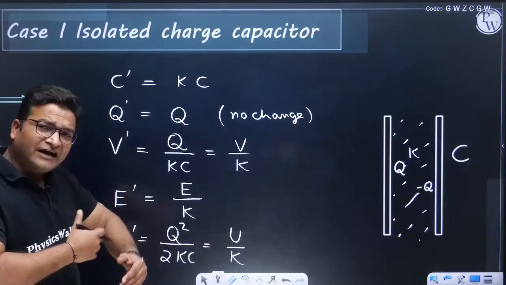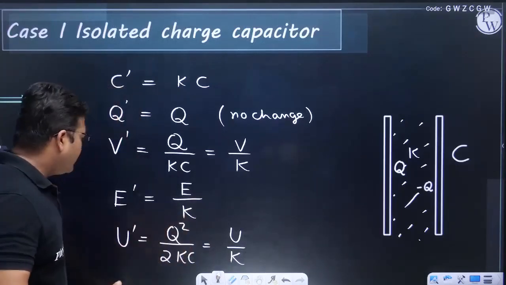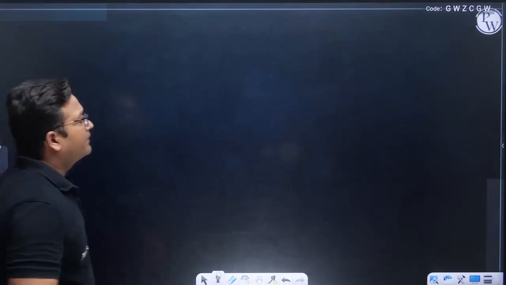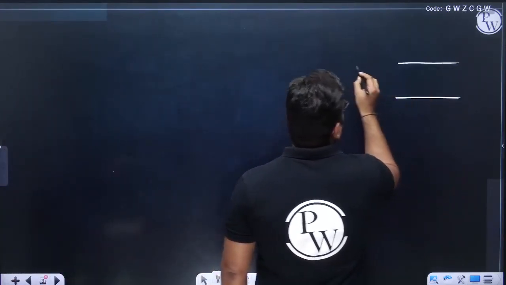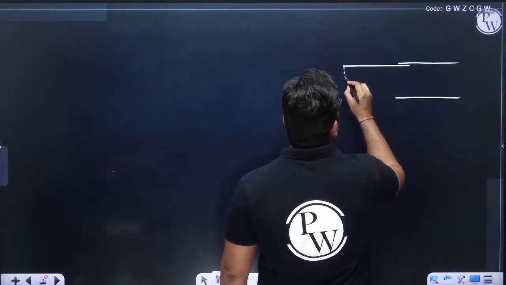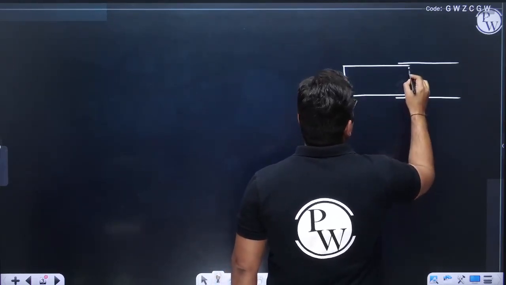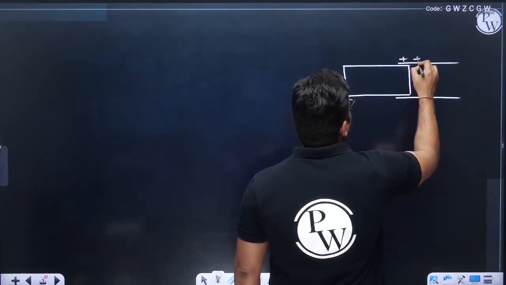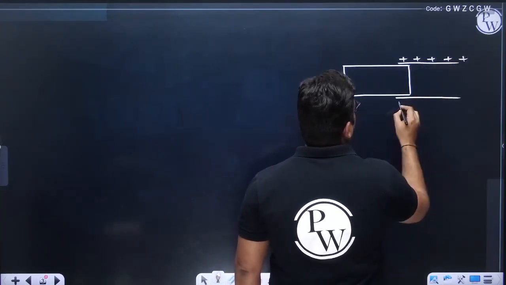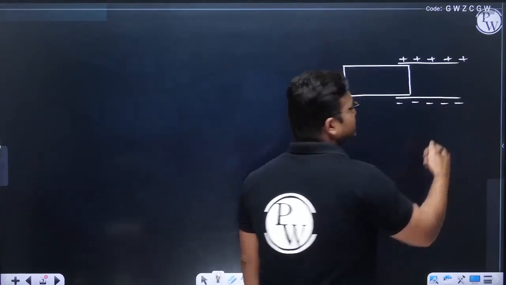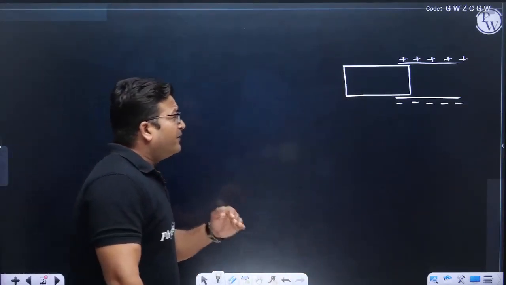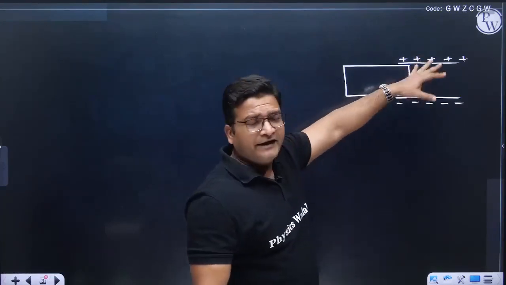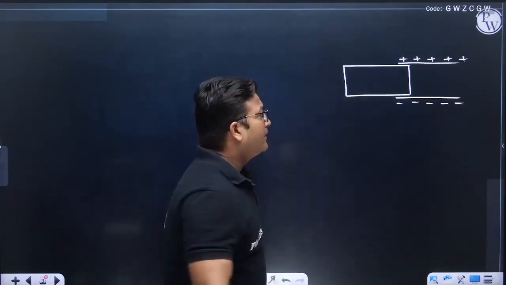Let us understand this in a little more detail. What happens when I put a dielectric slab in a capacitor? Suppose this is the positive charge of the plate, and this is the negative charge. Actually the charge appears on the inner face of the capacitor plates, but I have drawn it outside as there is no space inside.